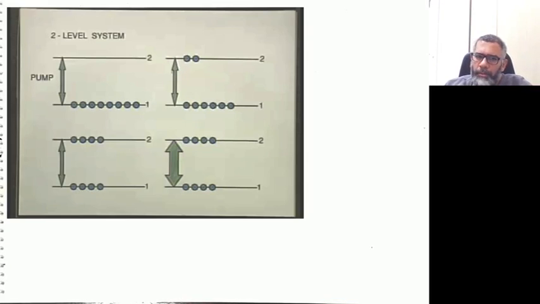And this electricity just pumps the ground state atoms into excited levels. This pump should continue until you have population inversion realized.